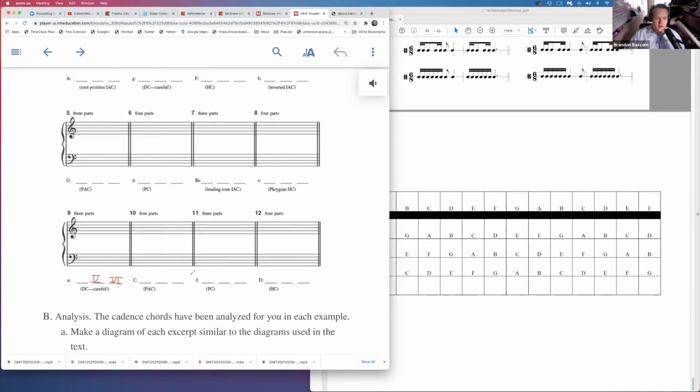Okay. PAC, 5 to 1. Plagal, 4 to 1. And half cadence, anything to 5.